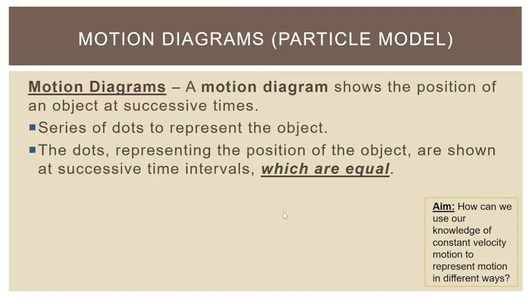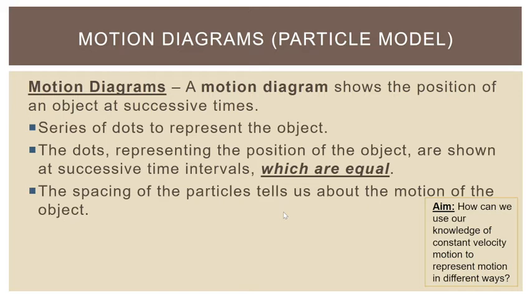So the idea is, by making the time intervals equal, we can get a sense of the rate of change of position, or in other words, the speed. So the spacing of the particles, because we are getting a sense of the rate of change of the position, is in fact telling us about the motion of the objects.